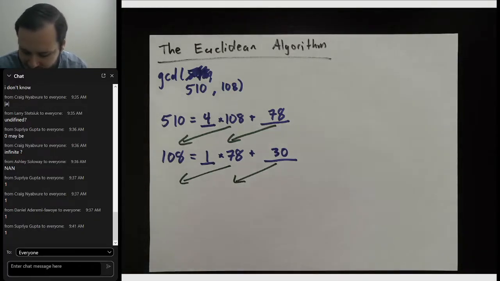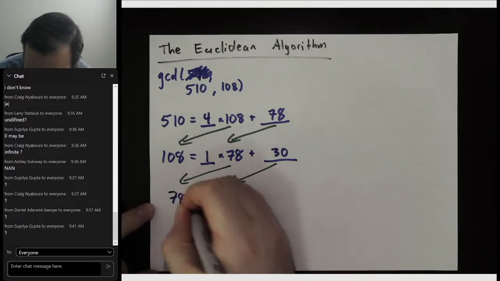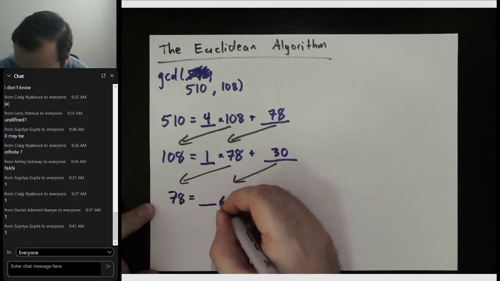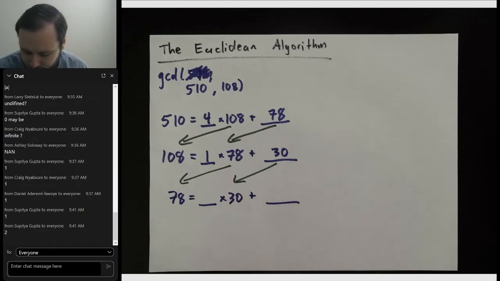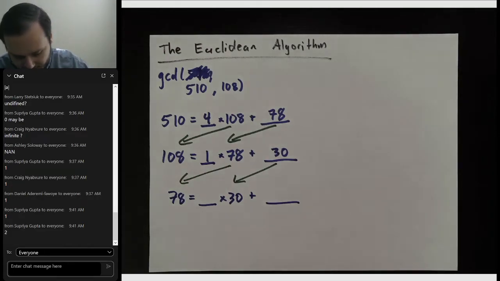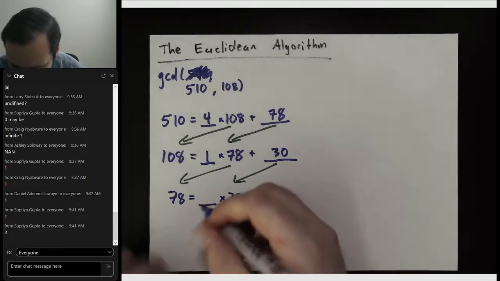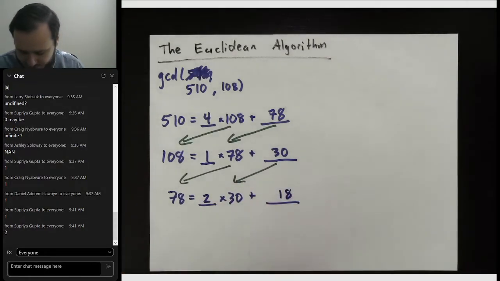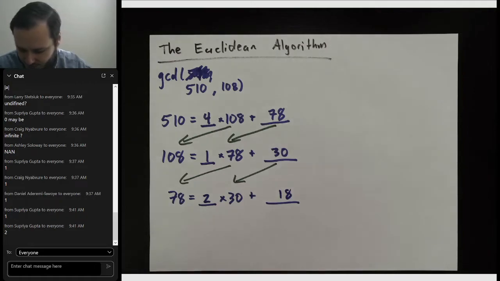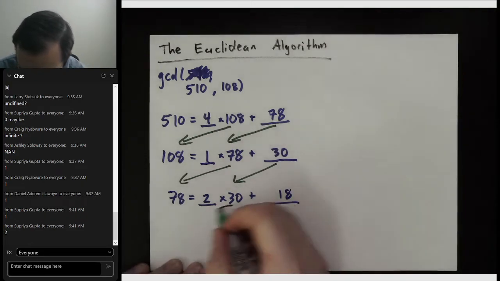So now I'm going to write 78 as a multiple of 30 plus a remainder. And in this case, I can fit in 2 copies of 30 with a remainder of 18. Everything shifts over again.